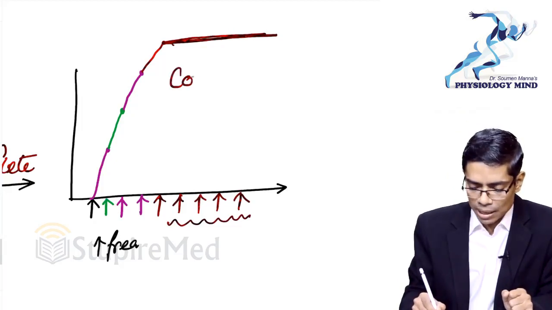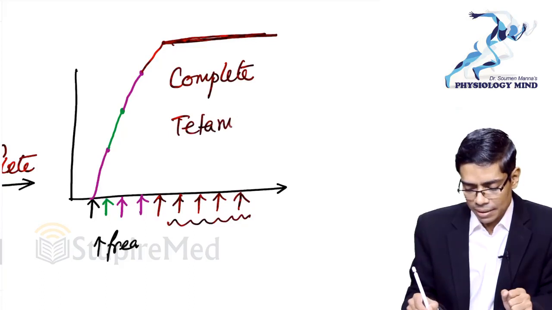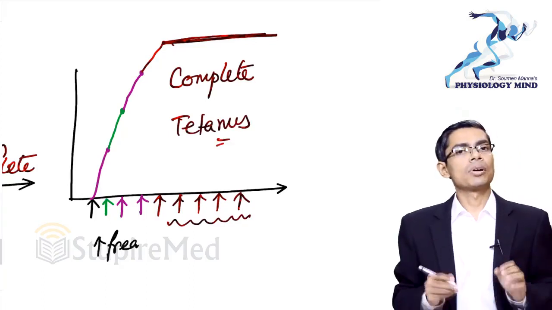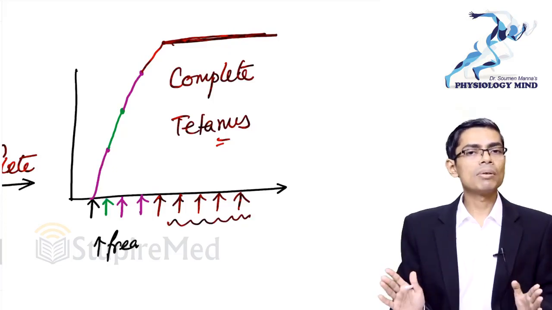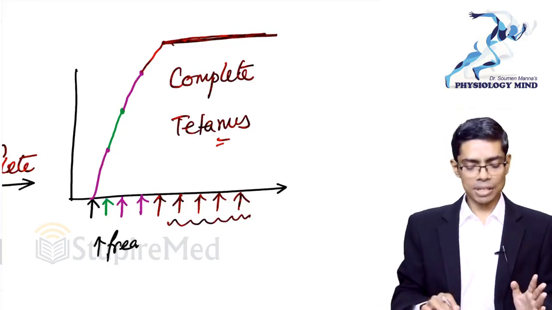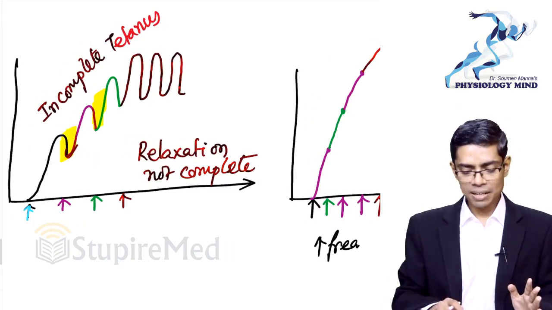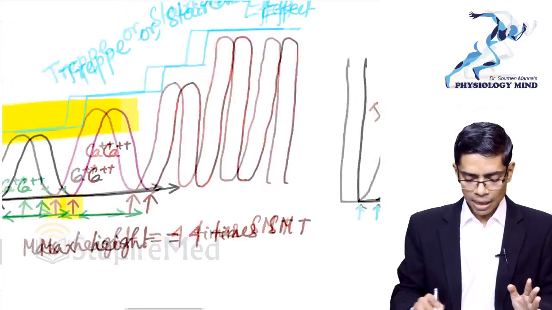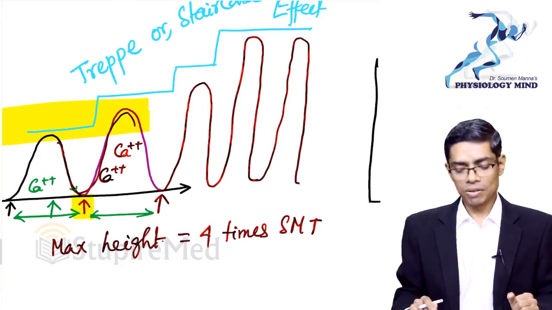This is known as complete tetanus. Getting my point? So complete tetanus means sustained smooth contraction without any relaxation in between. If the relaxation is partial, this is known as incomplete tetanus. If the relaxation is full and then the second contraction occurs, that is known as TREPPE or staircase phenomena.